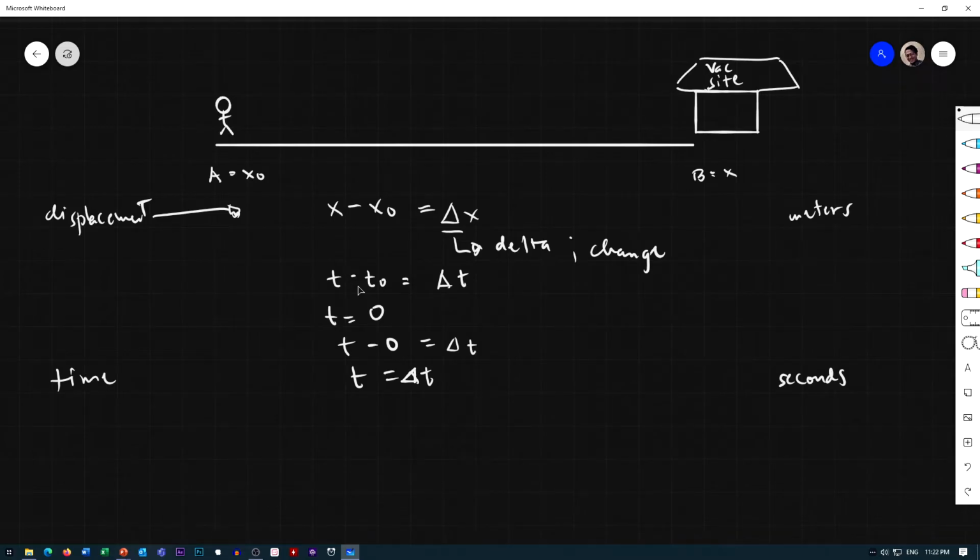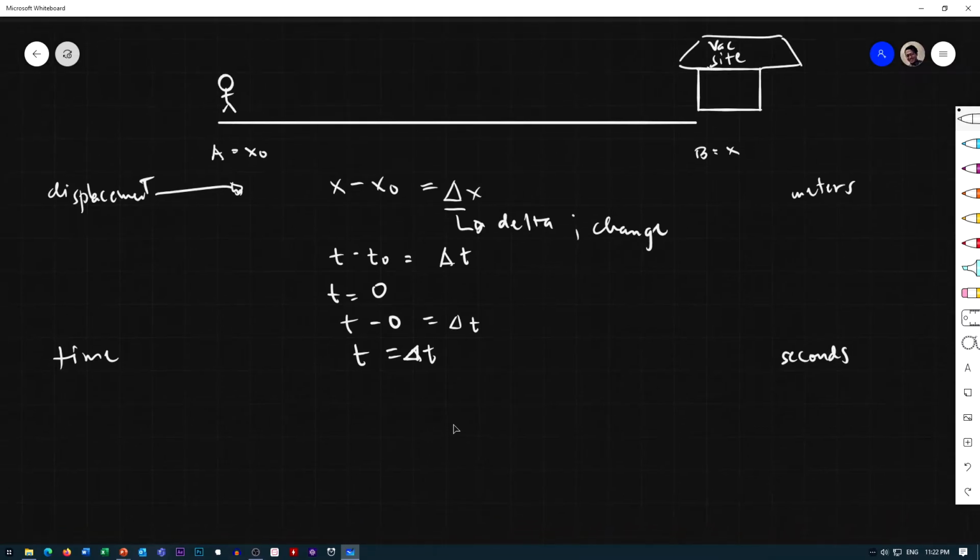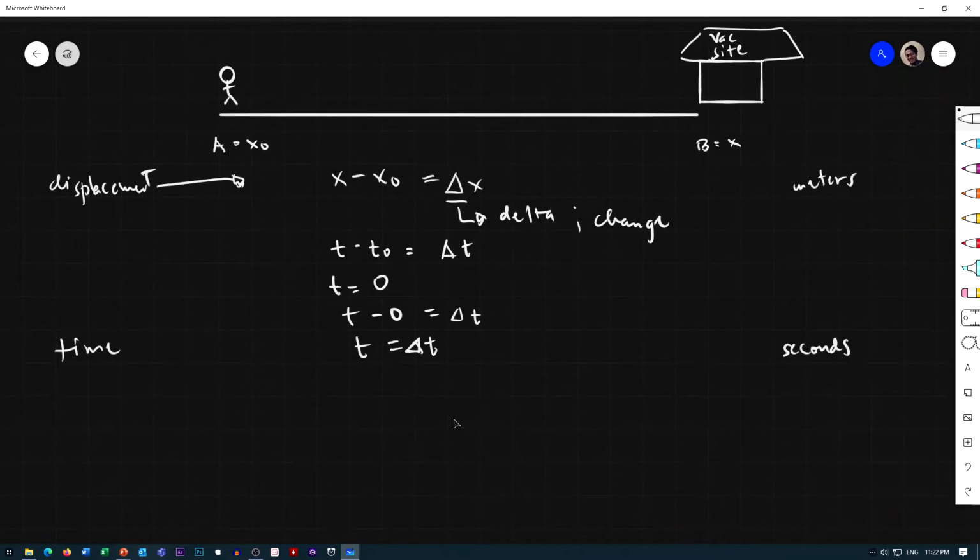So what's next? Next, we have the first definition of motion, which is velocity. Dividing displacement by time, you will get velocity. Its counterpart in scalar is speed.